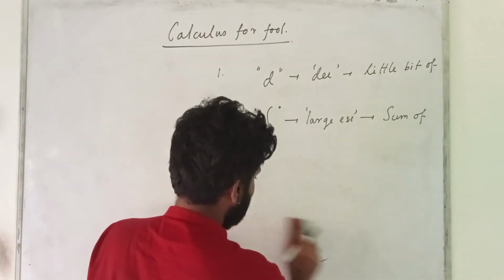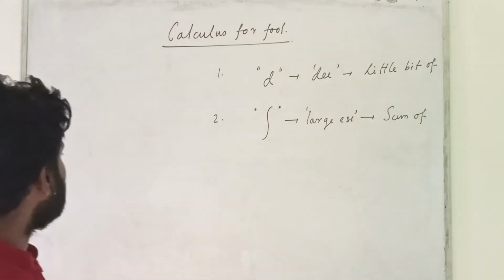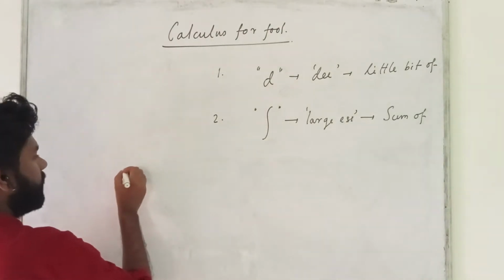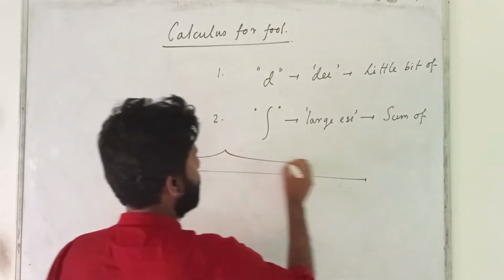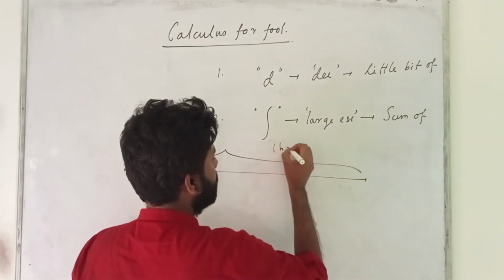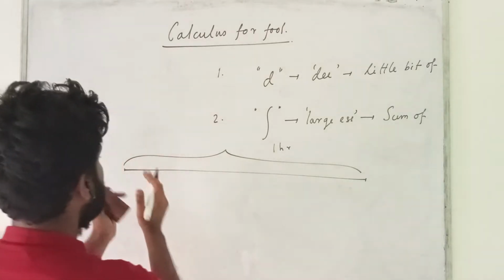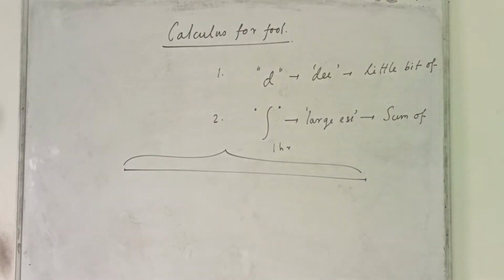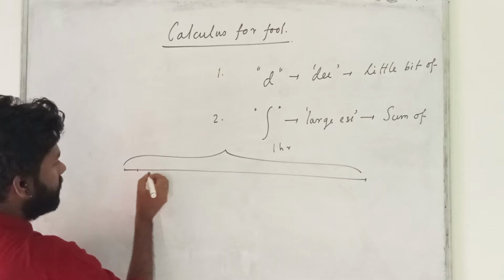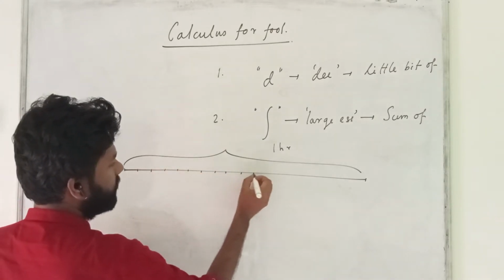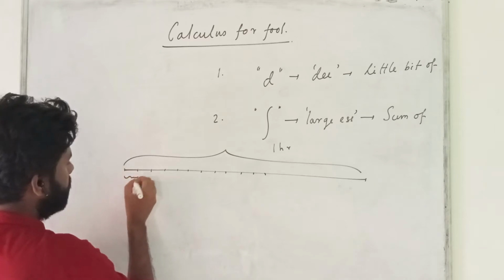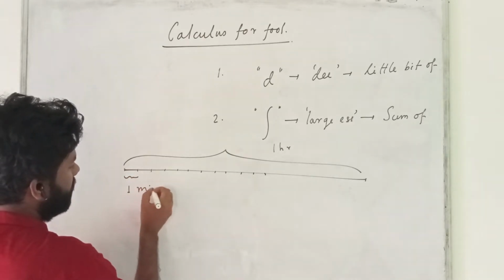Actually, if you have a span of time of 1 hour and you cut it in 60 equal parts, one of these parts is called 1 minute.